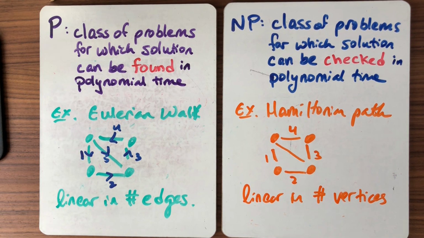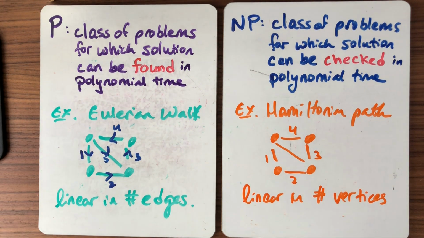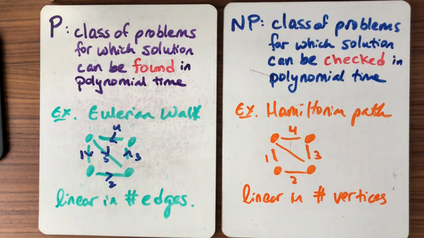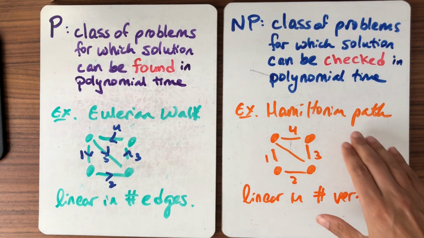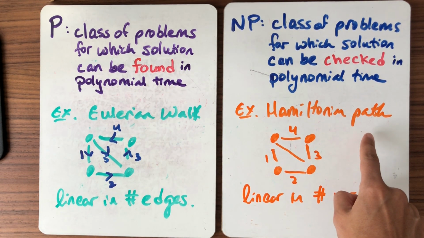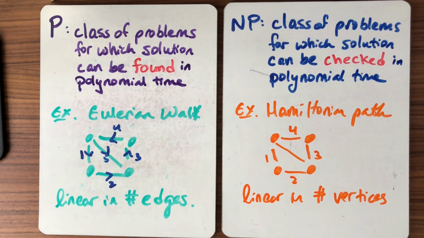And a big problem in complexity theory, and one of the Clay millennium problems that's still unresolved, is whether P equals NP. So if a solution can be checked in polynomial time, does that mean a solution can be found in polynomial time? Most people believe P does not equal NP, but it's still not yet known. The problem of finding a Hamiltonian path is something that's known as NP complete.